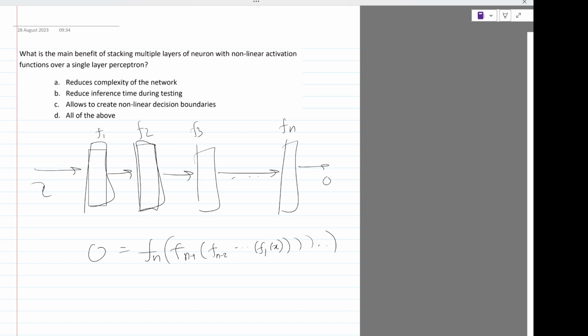Single layer perceptron creates a linear decision boundary, while having a single hidden layer itself creates a nonlinear decision boundary, and having multiple of these increases the complexity of these decision boundaries. So C is the correct answer. It allows to create nonlinear decision boundaries. Any doubts?